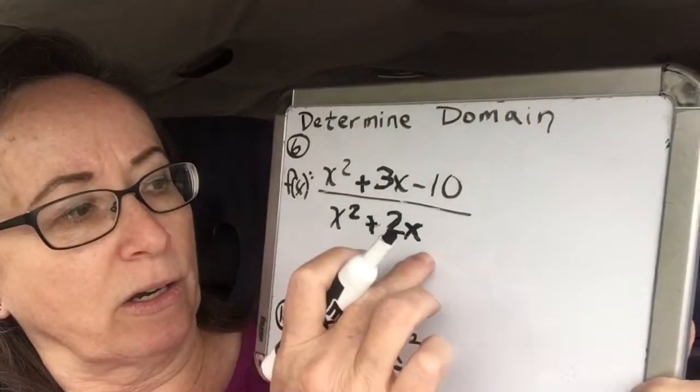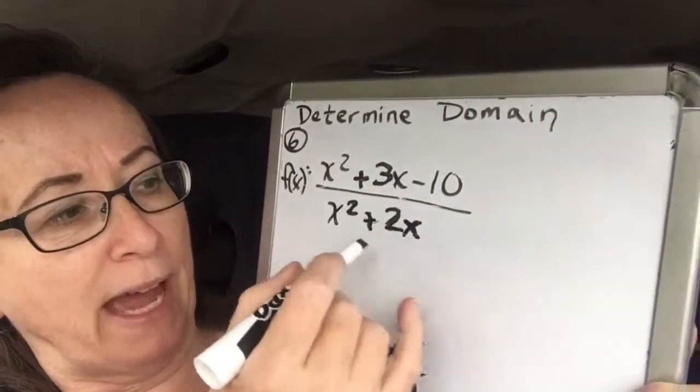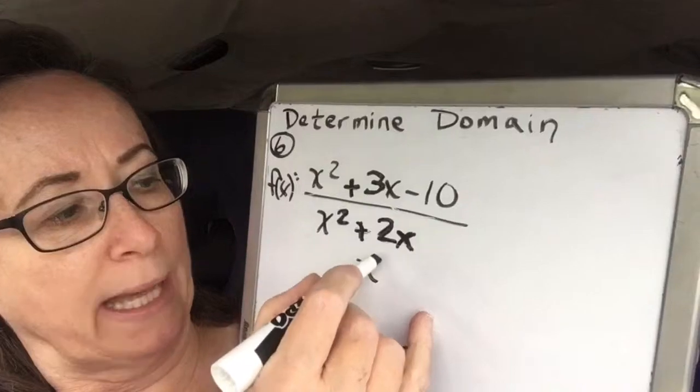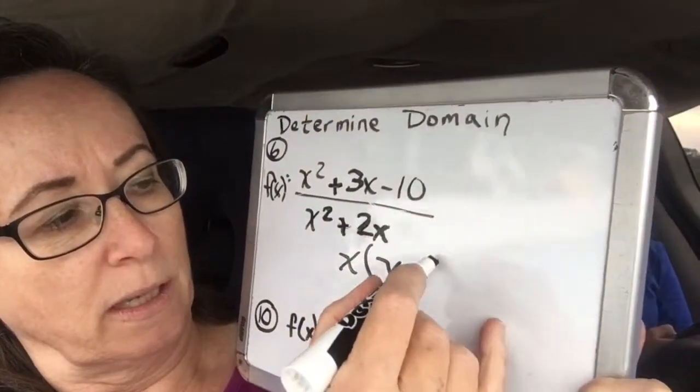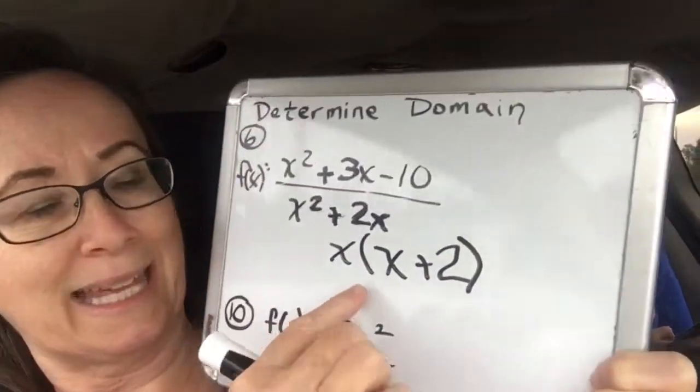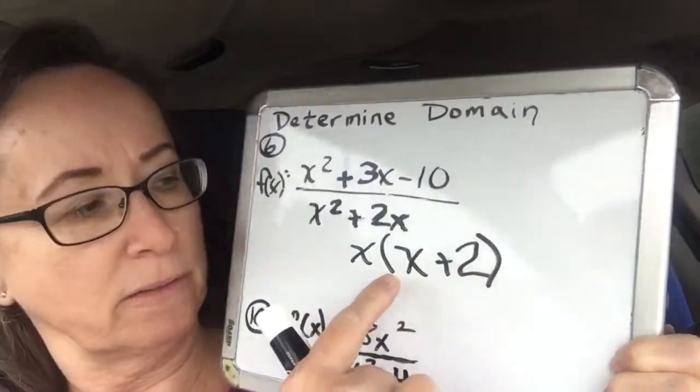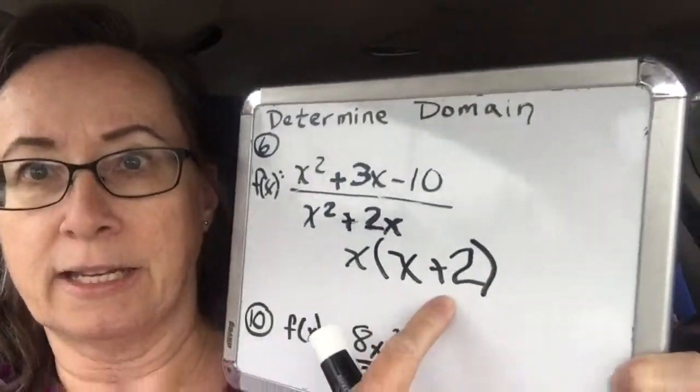So here we know that when we factor this denominator, we're going to pull out an x and we're going to get x plus 2. Okay, so in this case, x cannot be 0 and x cannot be negative 2.